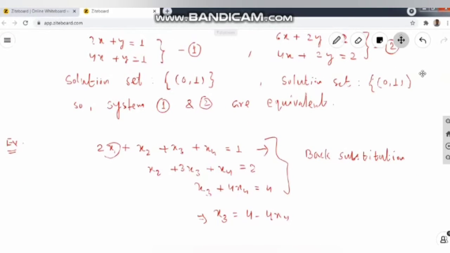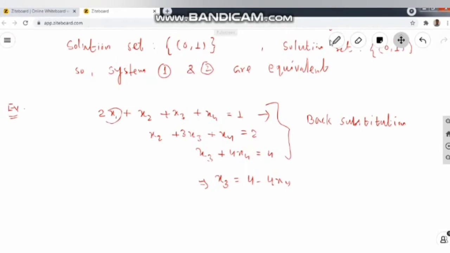Also, if you have a system of linear equations in which our matrix is simply a diagonal matrix, that is even easier than this system.